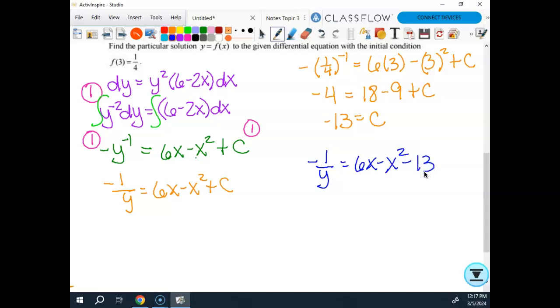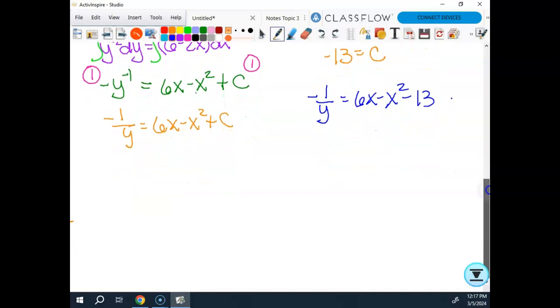Now, this is not in your standard form for quadratics. Nobody cares, okay? And then here, if I want to, really when I end up with this, you can kind of think of it as these two things really just switch places. But if I multiply both sides by this 6x minus x squared, multiply and divide by y, do all that kind of stuff, I'm going to end up with -1 over (6x minus x squared minus 13) equals y.